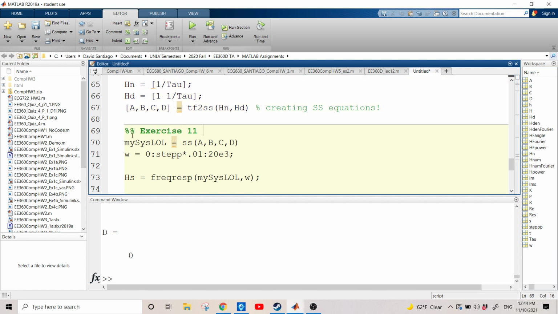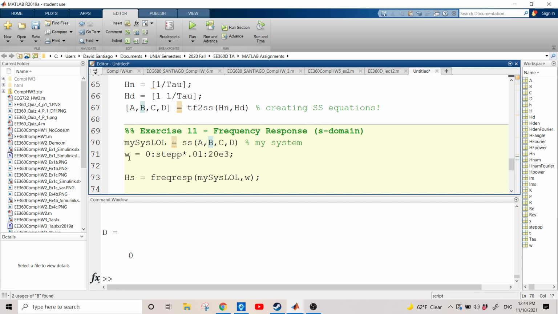Exercise 11. Frequency response. S domain. Okay, so I'm just calling some random system my system. And you're going to punch in your state space equations A, B, C, D. Done.